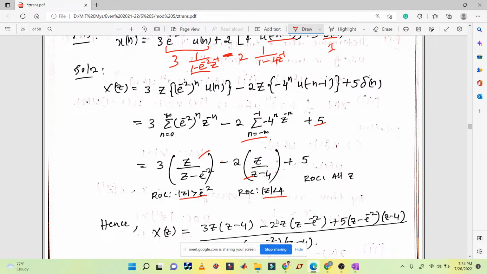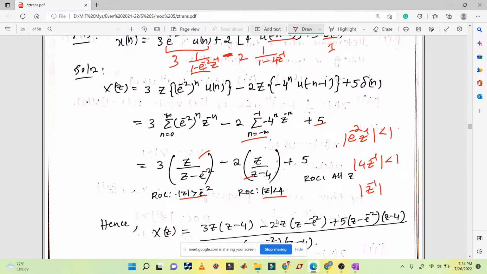Why less than 4? From this only you can calculate. How? e to the power minus 2 z inverse is less than 1. This is the first ROC. The second ROC is 4 z inverse is less than 1.